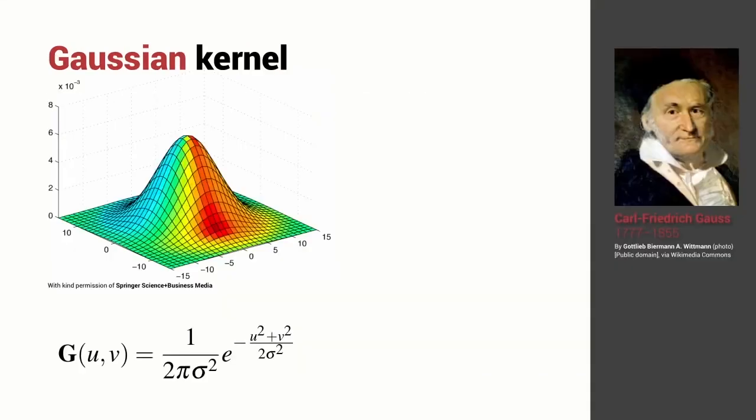Another kernel that's very commonly used in image processing is the Gaussian kernel, named after the very famous German mathematician Carl Friedrich Gauss. You have perhaps encountered the one-dimensional version of this function before. It's the normal distribution that we see in statistics. This function has got a very simple and elegant analytic form, and if we plot it in 3 dimensions, it has the appearance of a gentle hill.